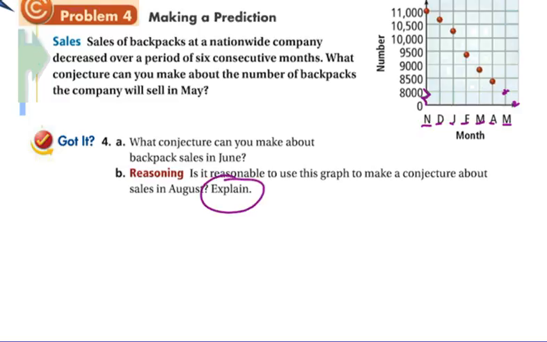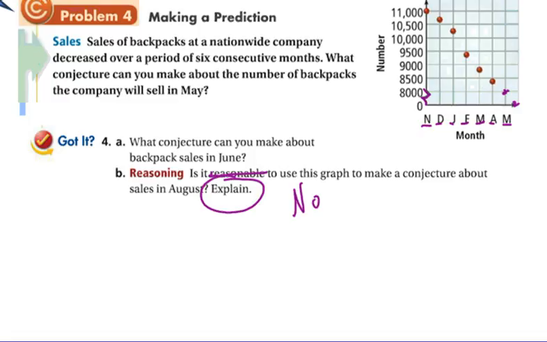Reasonable, I would say it seems right that the pattern would keep going, but think about what happens in August. School's about to start. That's when people start buying more backpacks. So I'm going to say for this one, it is not reasonable. You need to look at other factors.